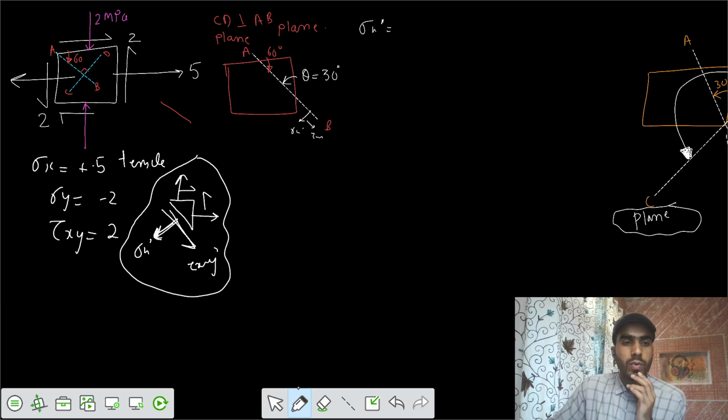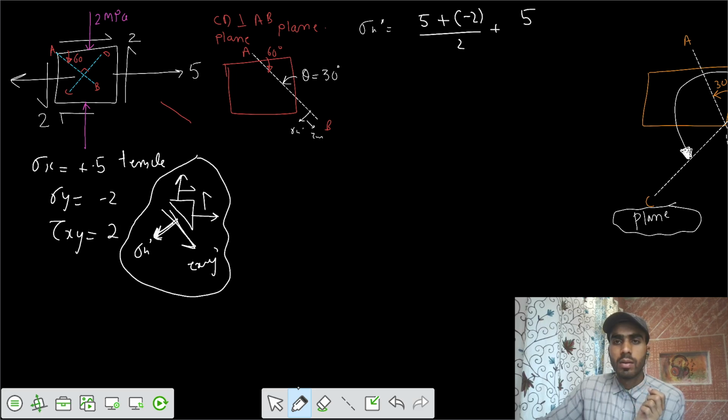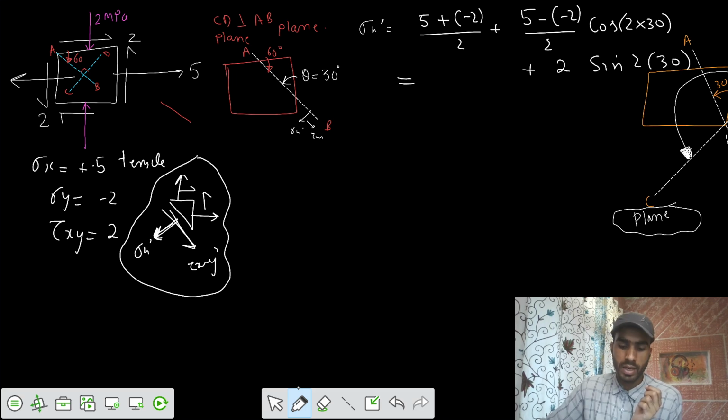So sigma x dash equals sigma x plus sigma y by 2 plus sigma x minus sigma y by 2 cos 2 theta plus tau xy sin 2 theta. So you get the value of sigma x dash.